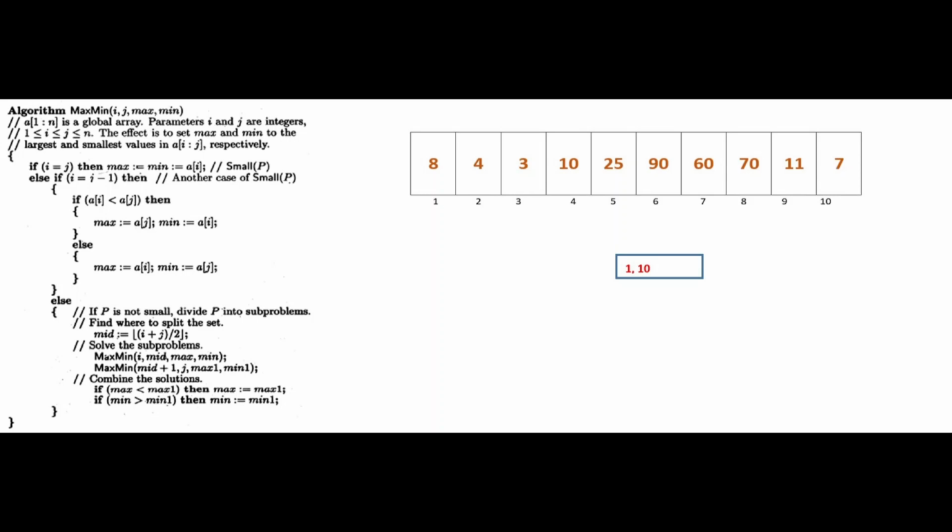So we place the values of i and j in the root node: i is equal to 1, j is equal to 10. We place max and min in later stages.